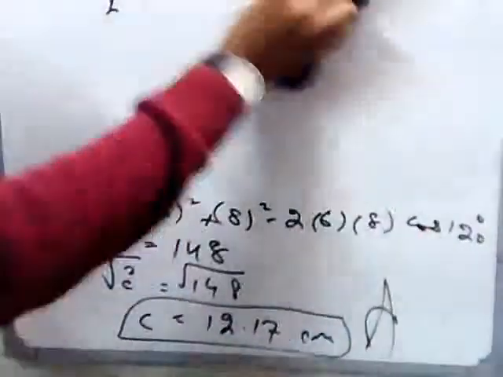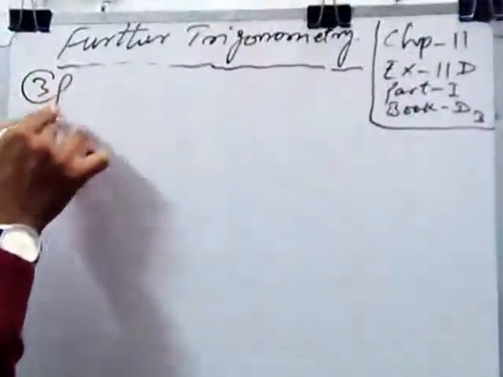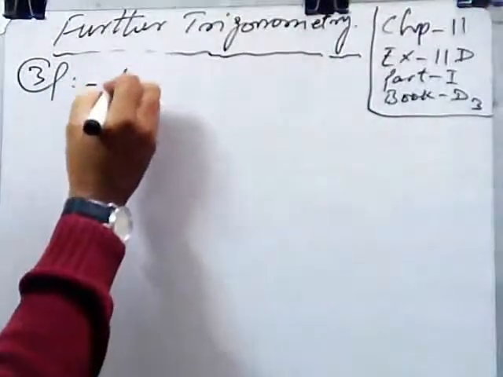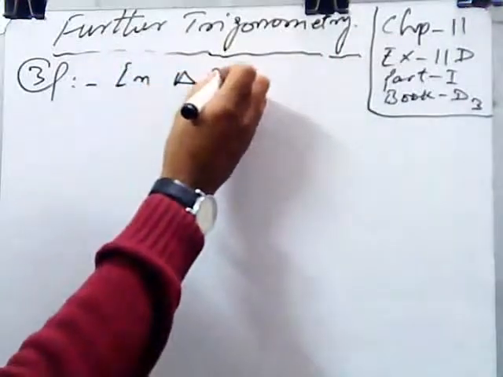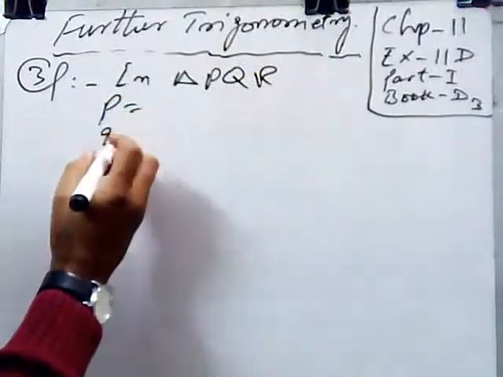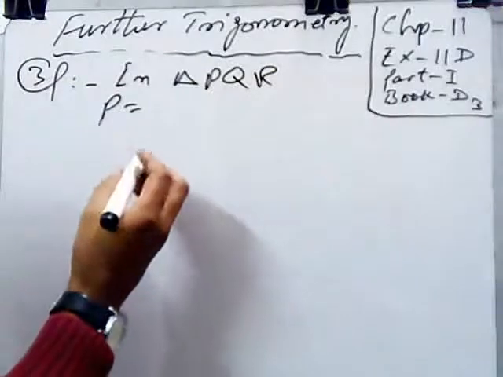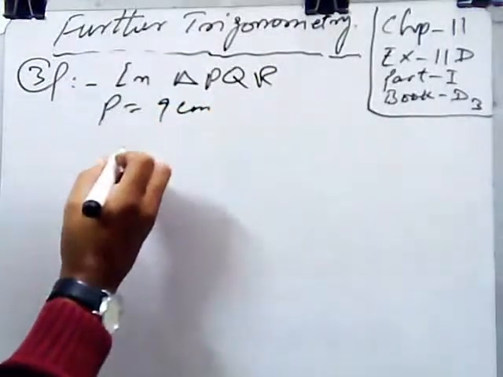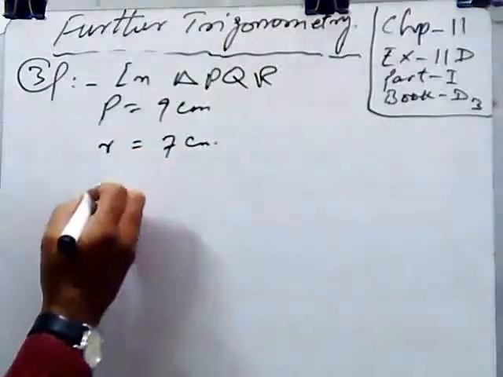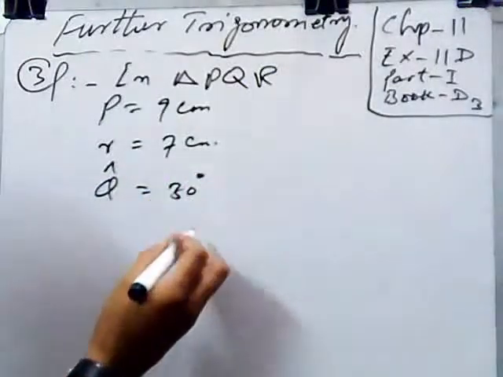Now coming to question number 3. In question number 3, in triangle PQR, the value of p is 9 centimeters, the value of r is 7 centimeters, the angle Q is 30 degrees, and we have to find q.